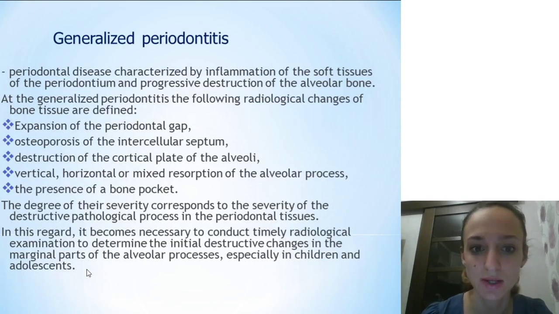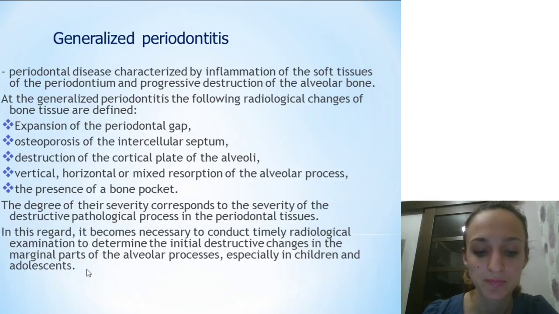Generalized periodontitis, periodontal disease characterized by inflammation of the soft tissues of periodontal and progressive destruction of the alveolar bone. Okay, so at the generalized periodontitis, the following radiological changes of bone tissues are defined.